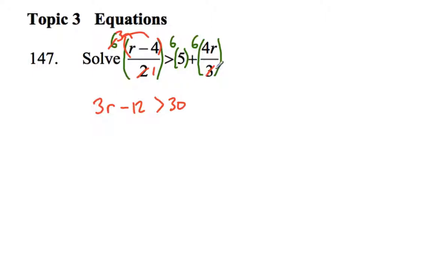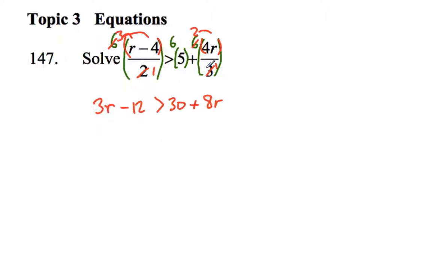3 goes into itself once and into 6 twice, and then that multiplies by the top there. So we've got 2 times 4r, which is 8r. Now we're left with, at least everything's on the one line and we haven't got anything underneath to confuse ourselves there.